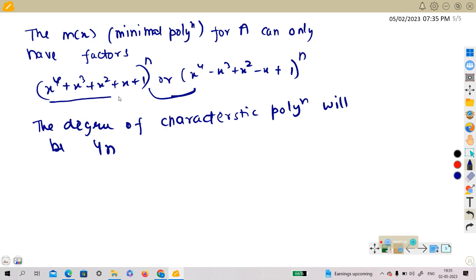If we take power m here, or some power there, it will always come in a multiple of 4, where n is greater than or equal to 1. This is the solution, this is the answer.